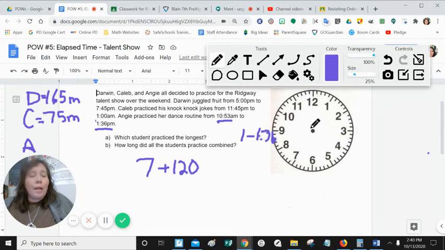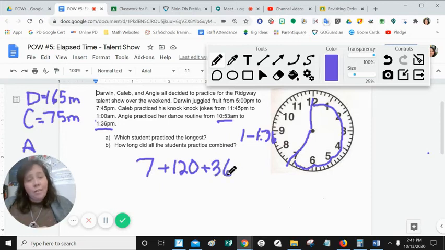I'm starting at the hour hand and going to 36. If I'm counting by fives, that'll help me: 5, 10, 15, 20, 25, 30, 35, 36. And I know that that is just 36 minutes from the clock. So now I have 7 plus 120 plus 36, and I am left with 163 minutes.